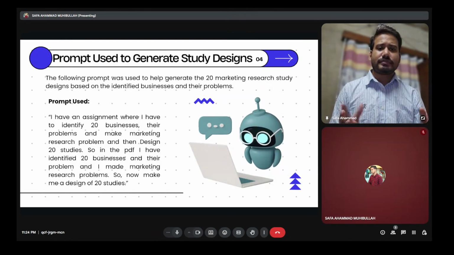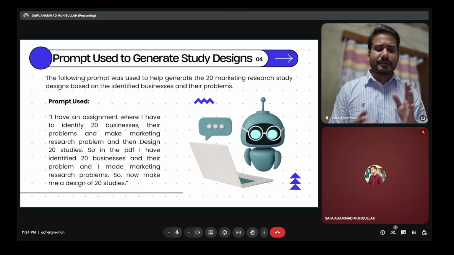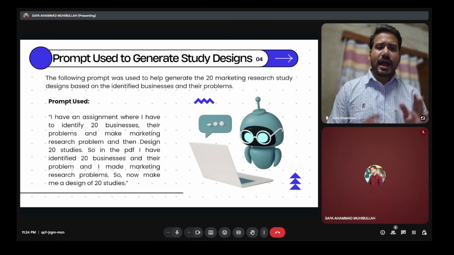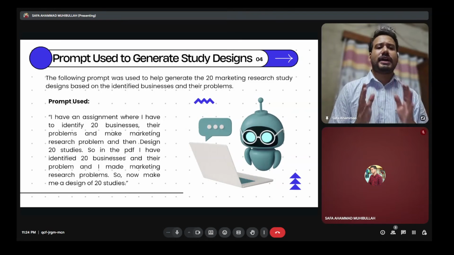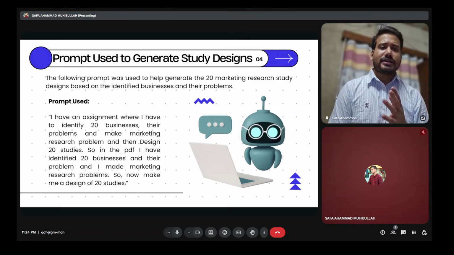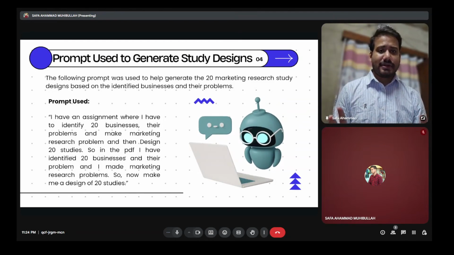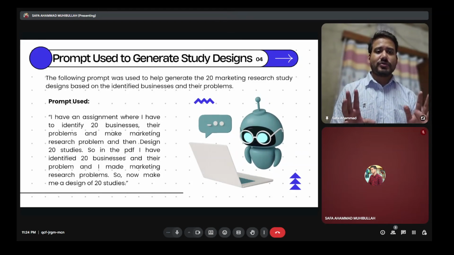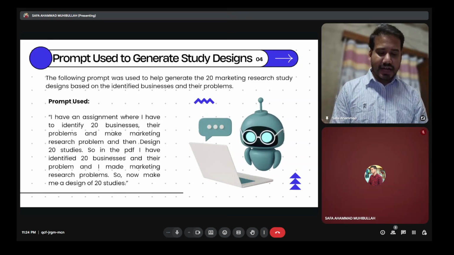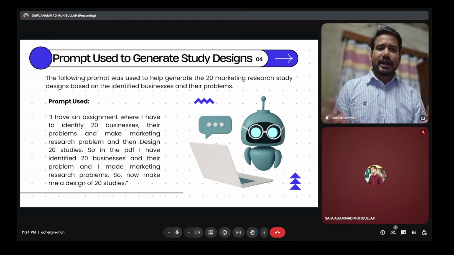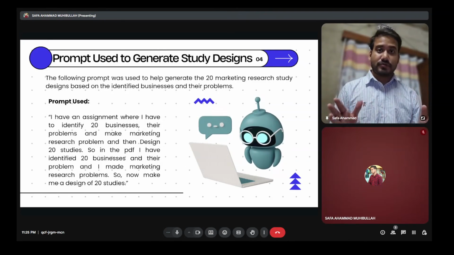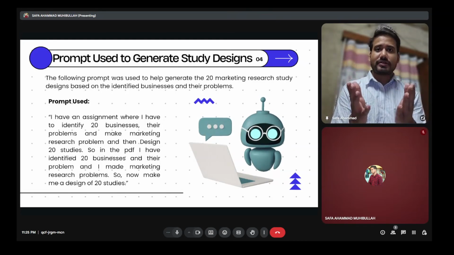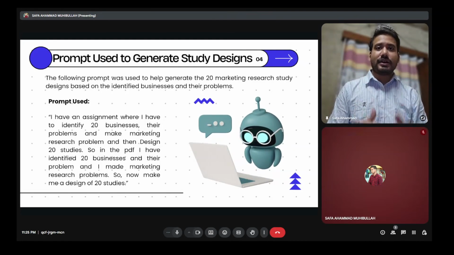So before moving into the tables of the problems and research problems, I'd like to explain that I have used technology in this assignment. I used ChatGPT as a support tool to organize my research design, and this is the prompt I used, which is written here. I hope you guys can see.